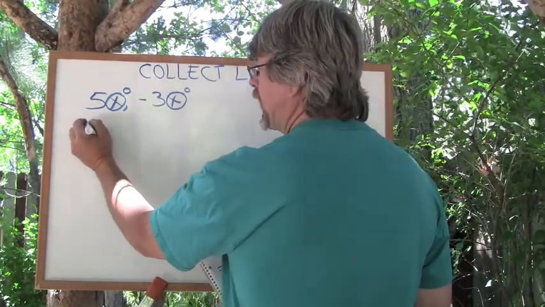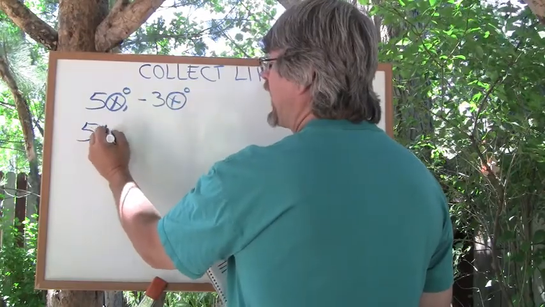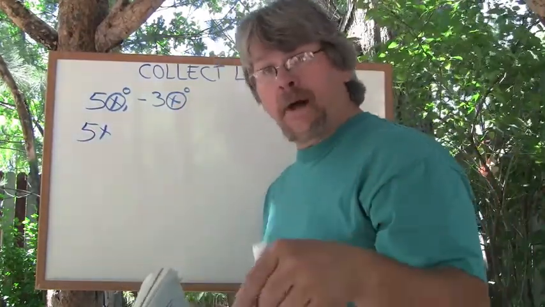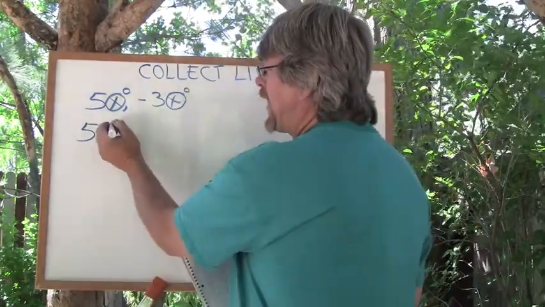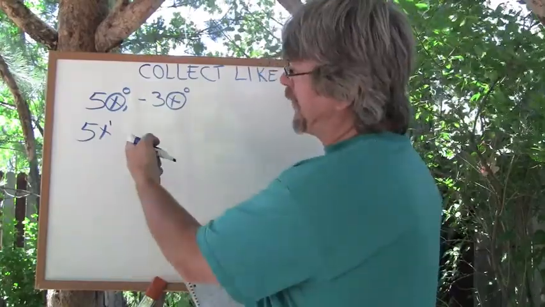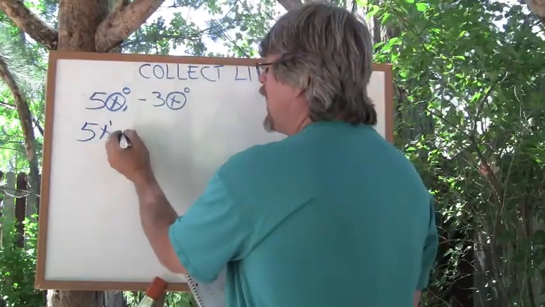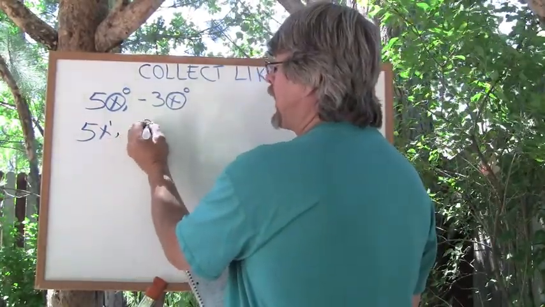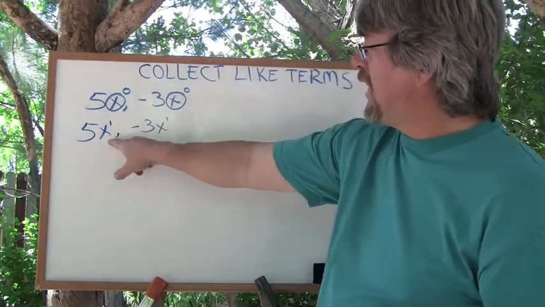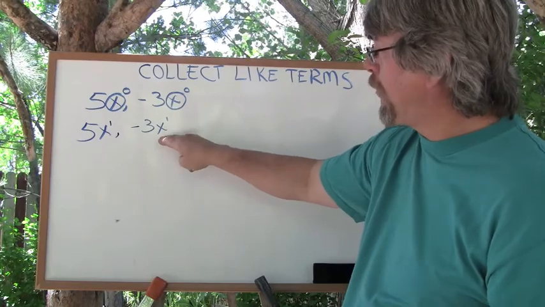So in this instance, 5x, which all variables and all numbers always have a 1 even though it's invisible. We don't usually write it, we just leave it as x. And the term negative 3x to the 1, we see each one of them has an x to the first power.